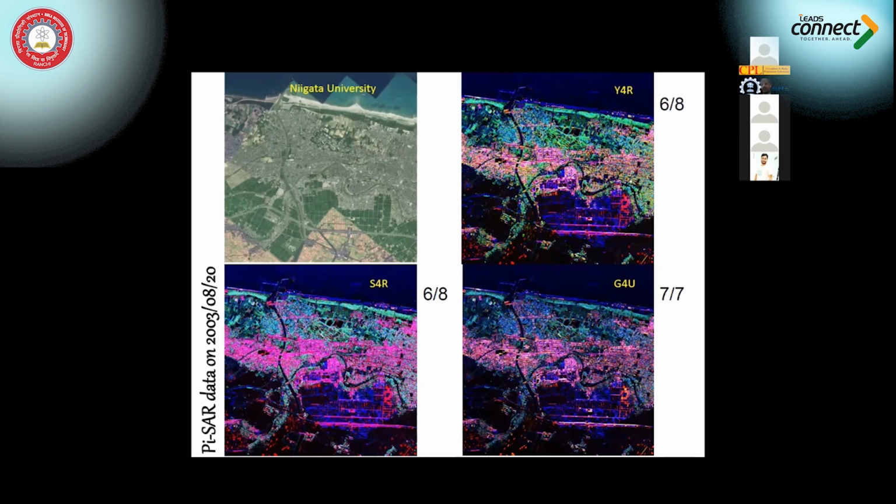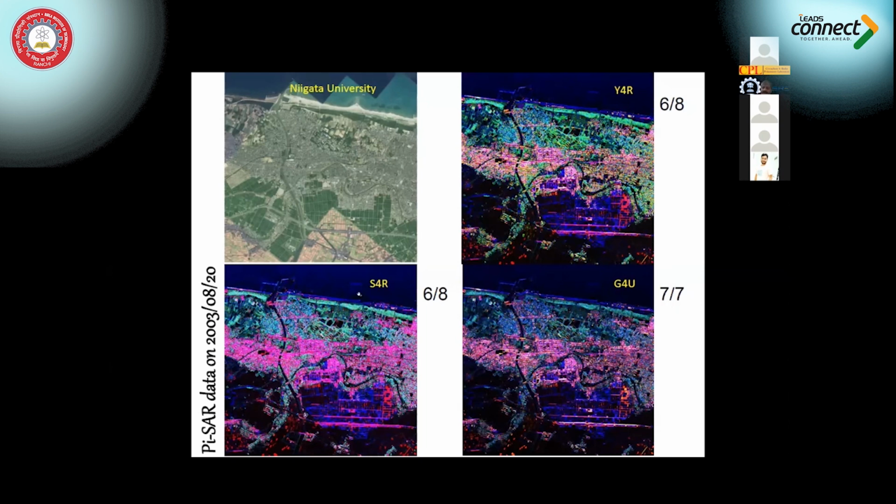So we tried to develop two volume scattering models: one specifically for vegetation and one specifically for the oriented urban area. When we included that, we saw a significant improvement in urban area classification in comparison to the vegetation. Urban area can be discriminated easily from the vegetation area.